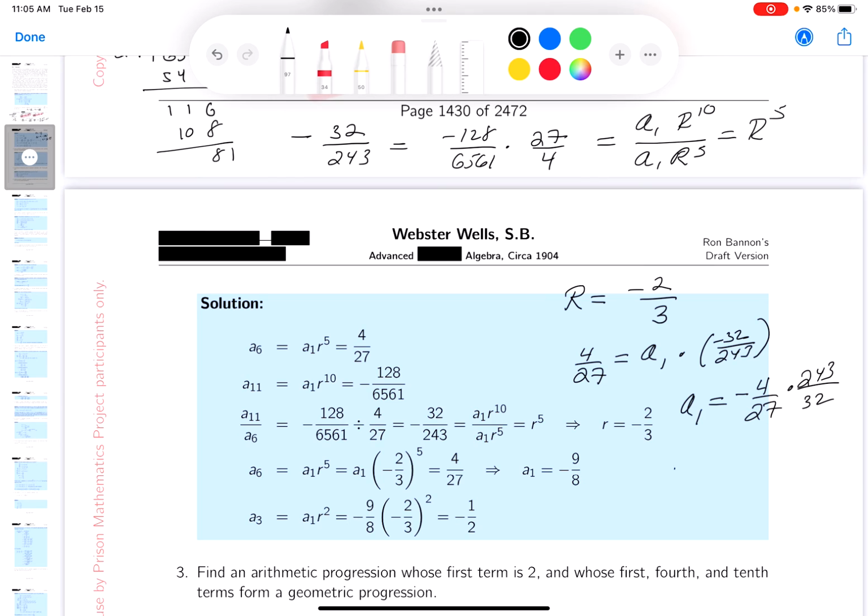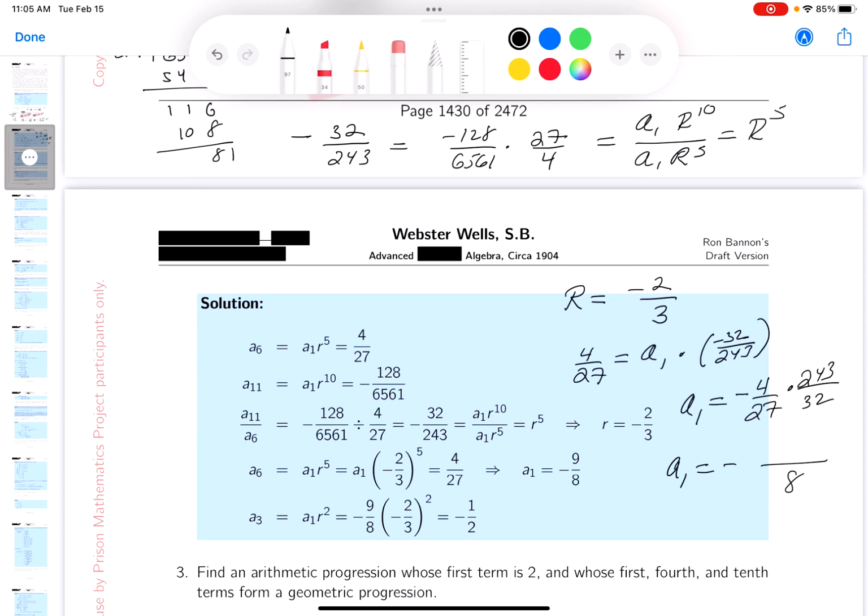I know it's a negative number. And let me just do this reduction. 4 goes into 32 8 times. And 27 goes into 243. Let's see. Brain freeze for a second here.